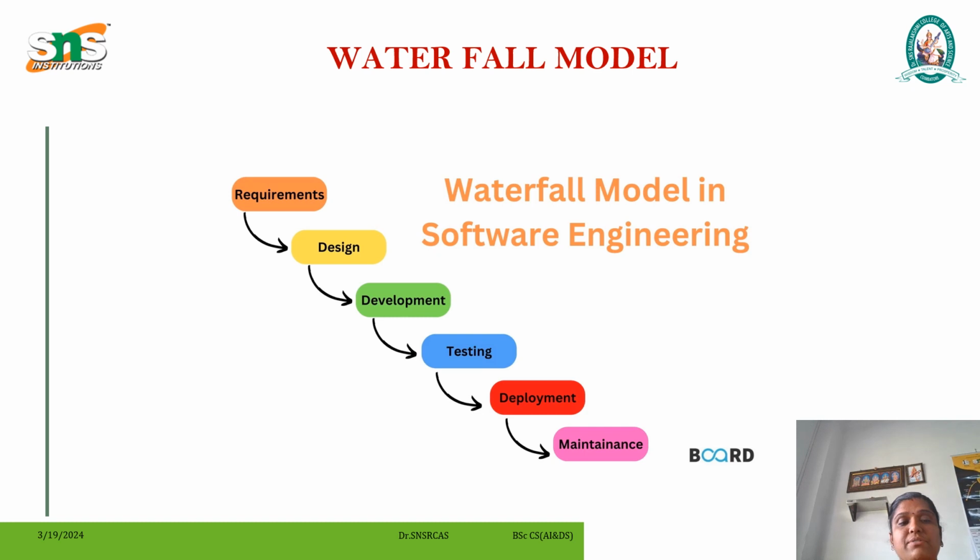The waterfall model emphasizes comprehensive documentation at each stage of development. This documentation serves as a valuable resource for understanding project requirements, design decisions, code implementation, test plans, and maintenance procedures. It facilitates knowledge transfer, collaboration, and future enhancement.